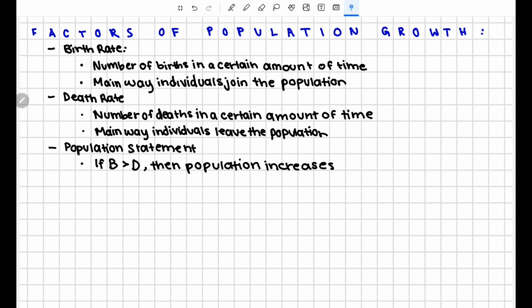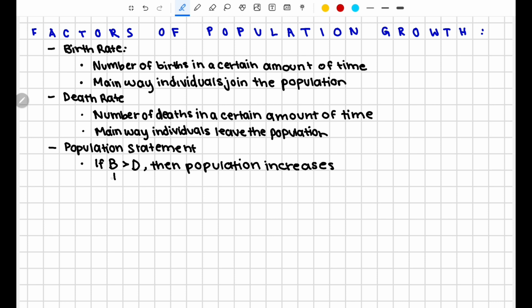So in our statement, we're saying that if B is greater than D, then the population increases. So basically, if the birth rate is greater than the death rate, then the population is going to increase. So let's break that down a little bit. Birth rate is greater than death rate.